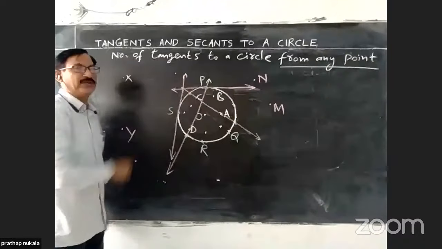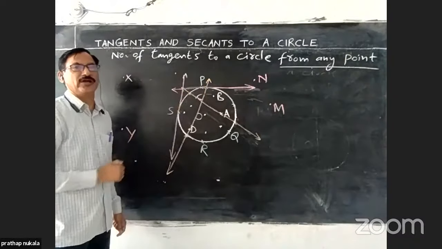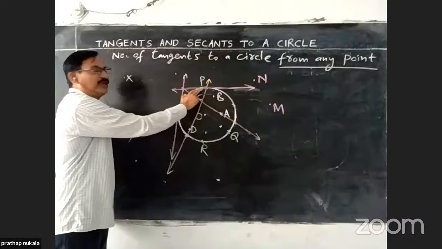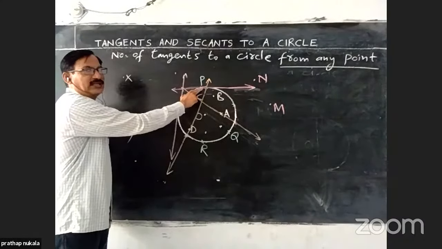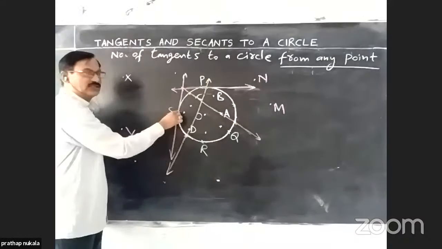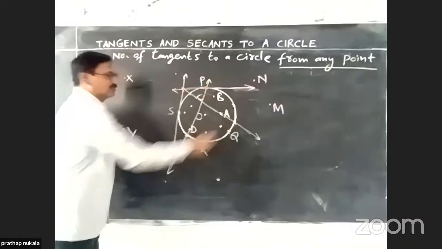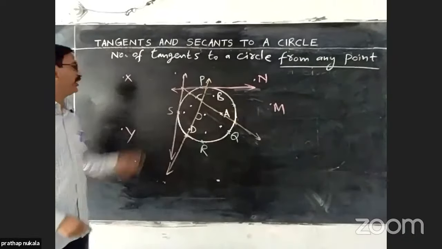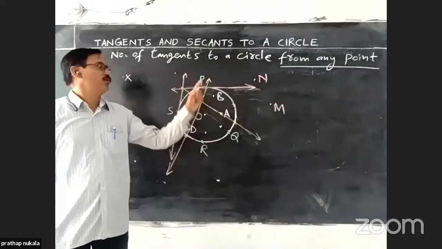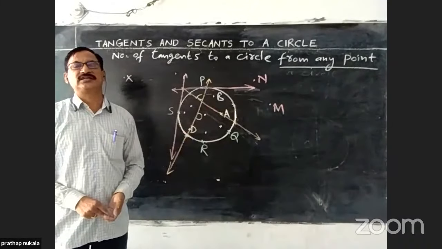How many tangents can be drawn through a point on the circle? Already we know about that also. Only one tangent can be drawn at a point on the circle. Similarly for R and S, only one tangent exists. That is the second one.